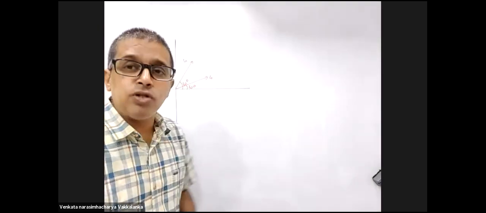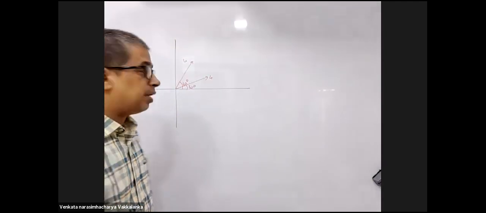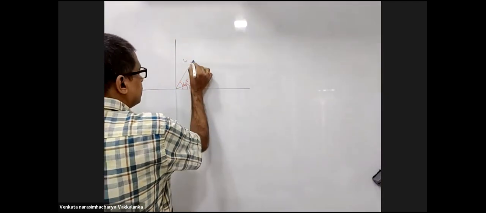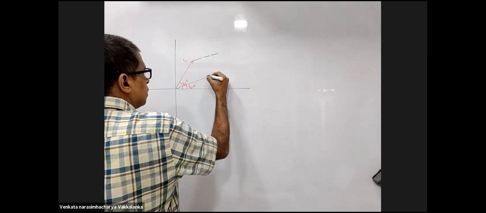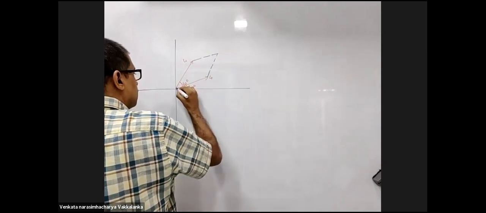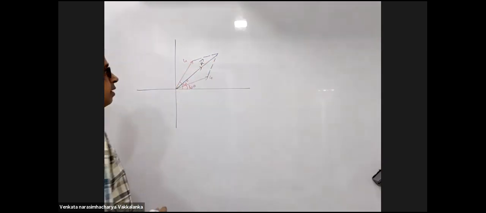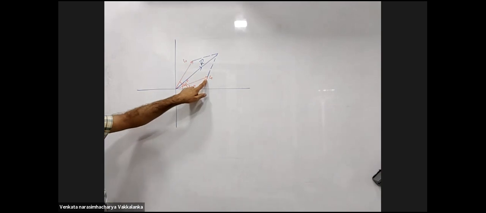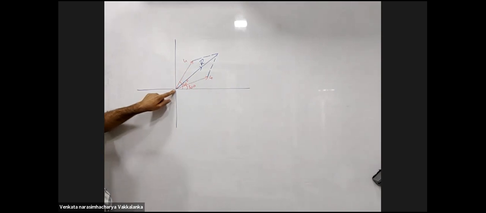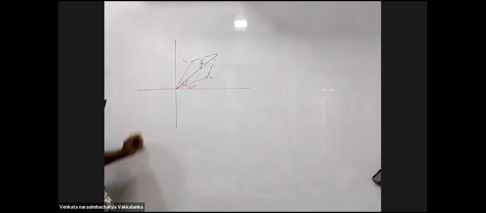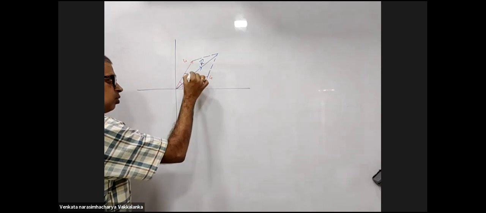Now, first I will solve using parallelogram law of addition. This is R. R will be the resultant of these two vectors. These two vectors are two adjacent sides of a parallelogram drawn from a point. What is the angle between the two vectors?